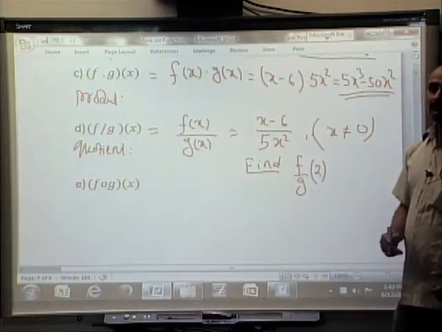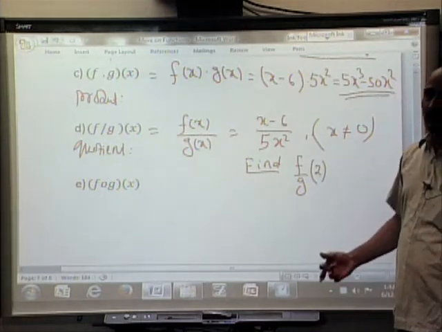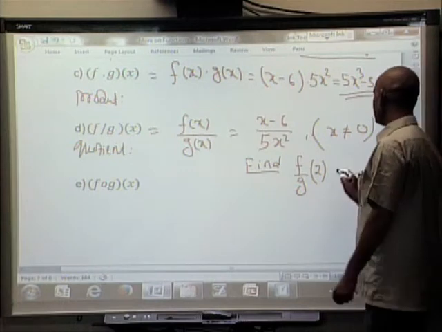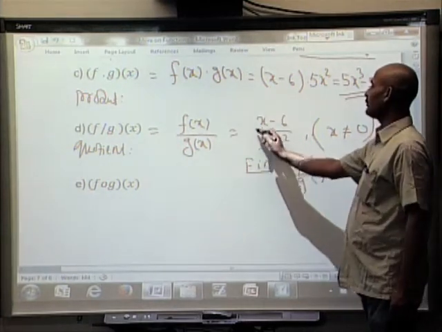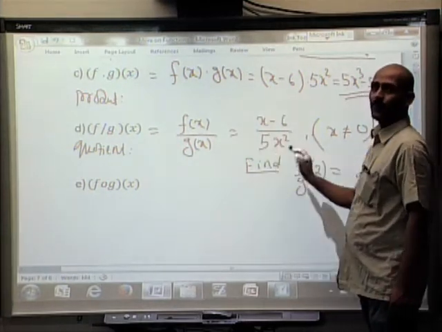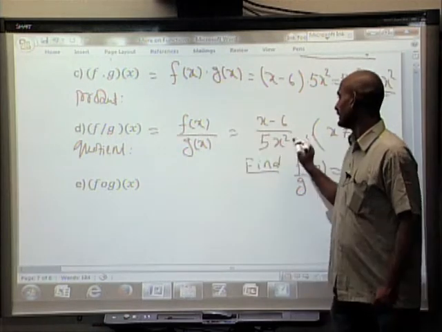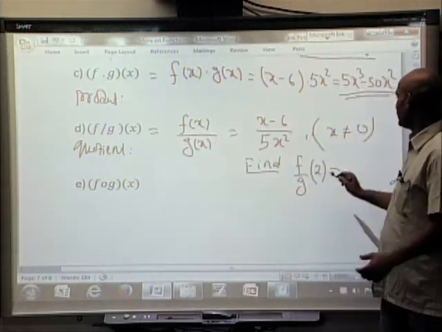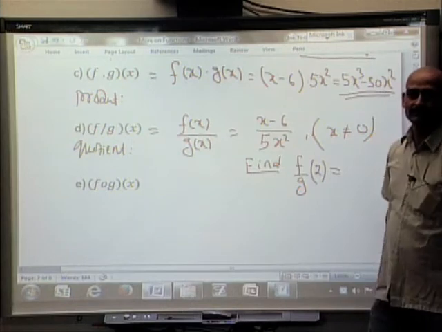There are two different ways we can solve this question. One, plug in x equal to 2 in this formula. Find the formula like this and replace x by the given number, which is 2 here.